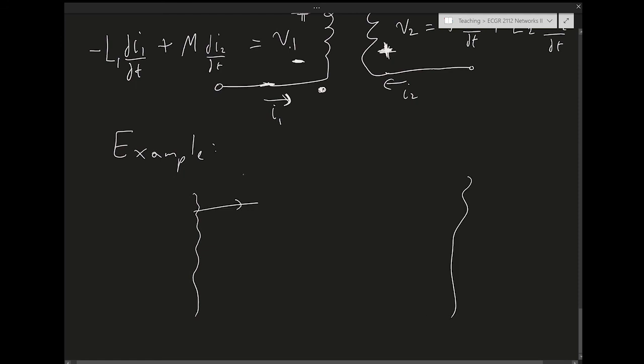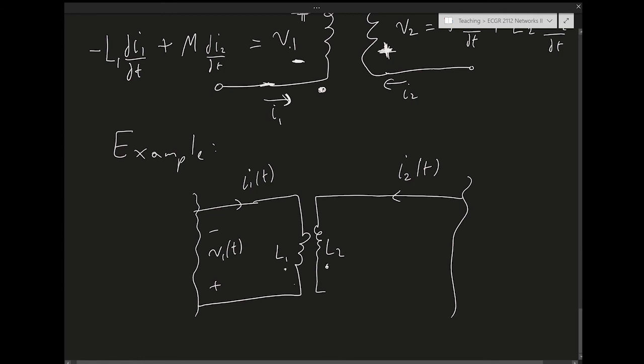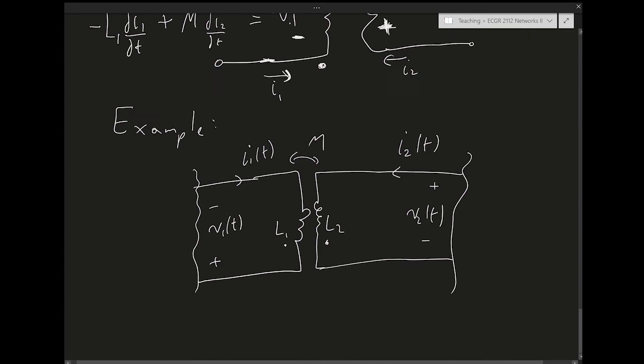Then we have I1, and I have L1, and V1(t) is like this, plus minus V1(t), and then I have I2(t), and I have another inductor, L2, and they're mutually coupled, the coupling constant is M. Then I have plus minus V2(t). I want to express V1(t) and V2(t) for this kind of circuit.